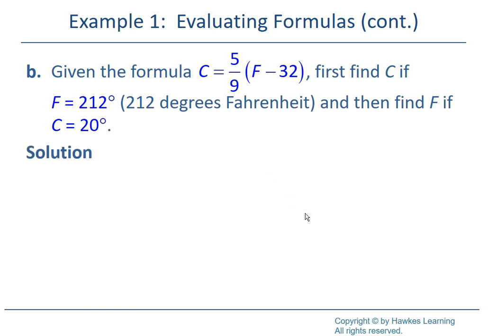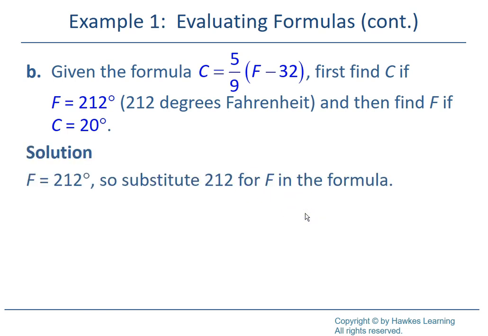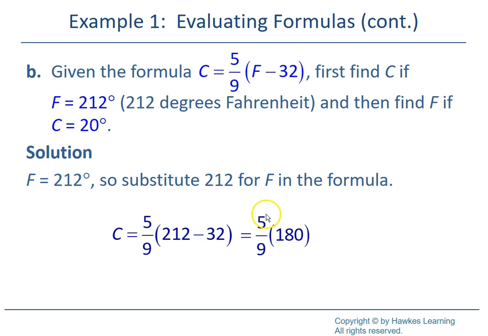So let's take a look here. So we're going to substitute the 212 for our Fahrenheit, do the subtraction, we get 180, and then we could multiply that by 5 and then divide by 9, and that would give you 100.